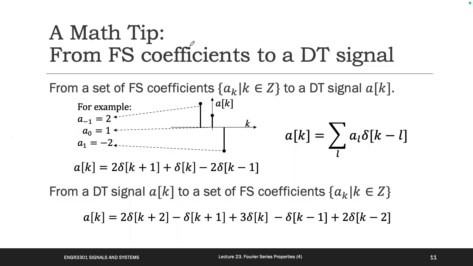It's 2. How about a negative 1, a1, a0? If you have this equation, you can also easily get the FS coefficients. That makes sense to you?